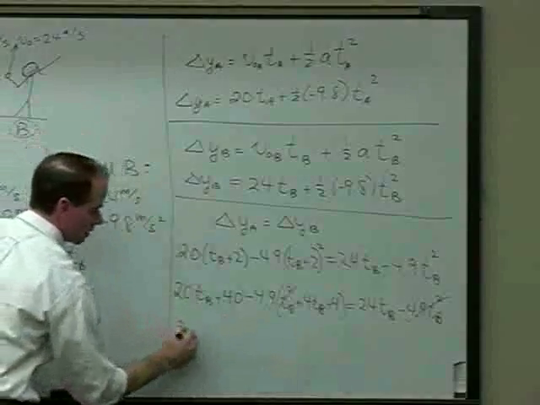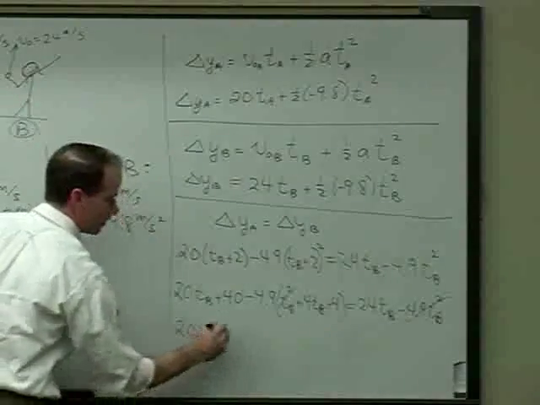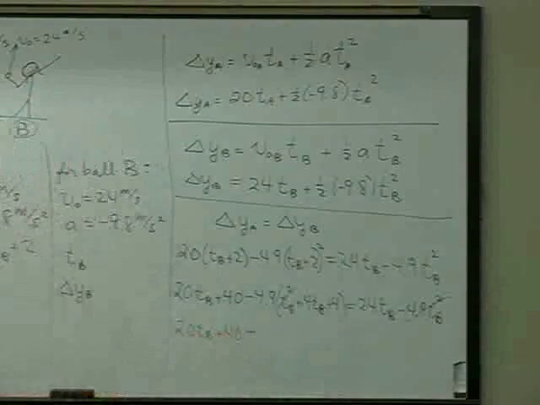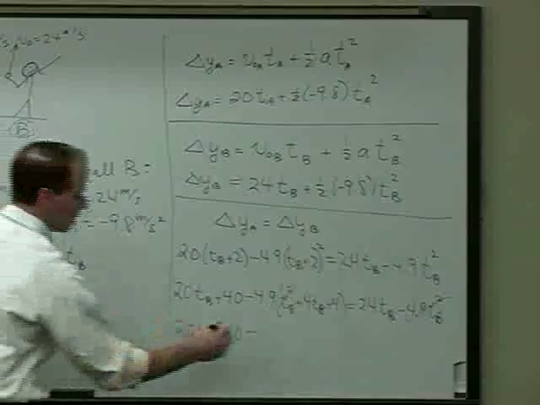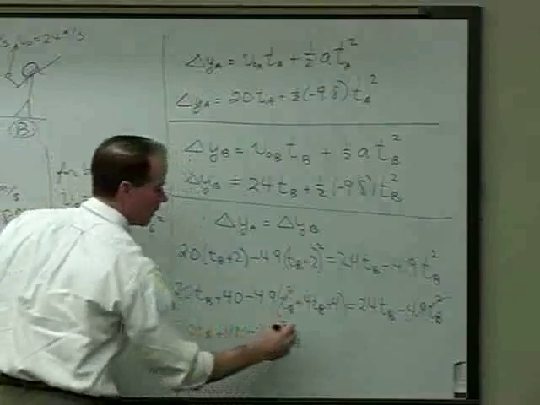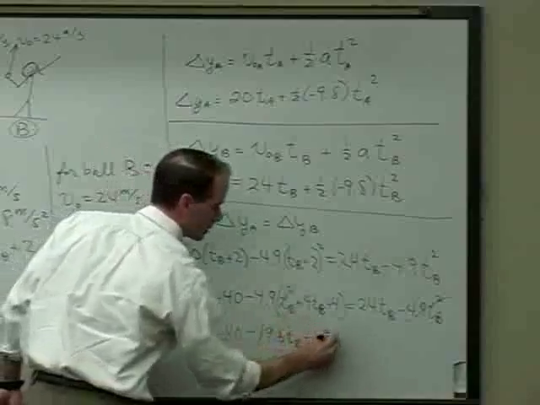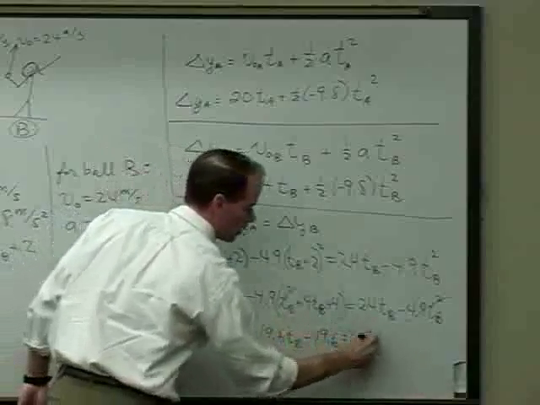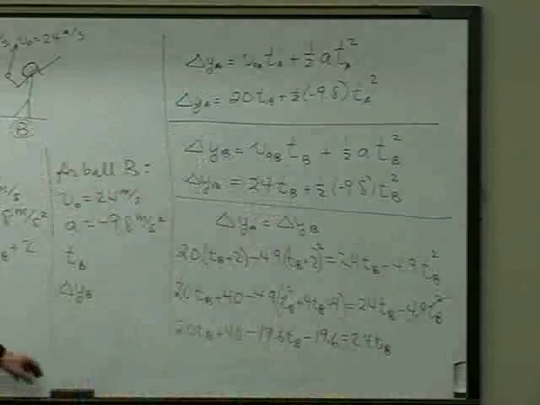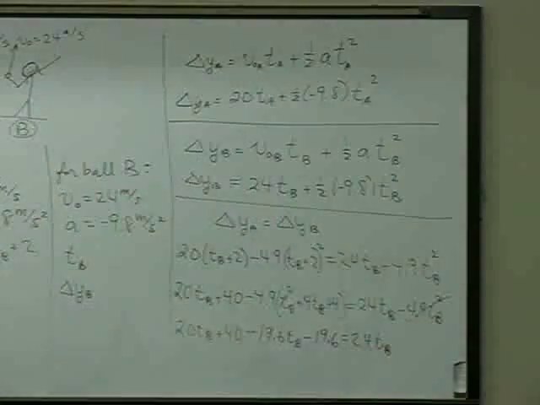All right, 20 time for B plus 40 minus 4.9 times 4 time for B would be 19.6 time for B minus 19.6, equals 24 time for B. Right?